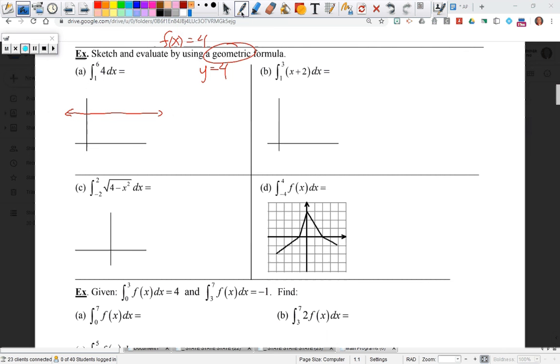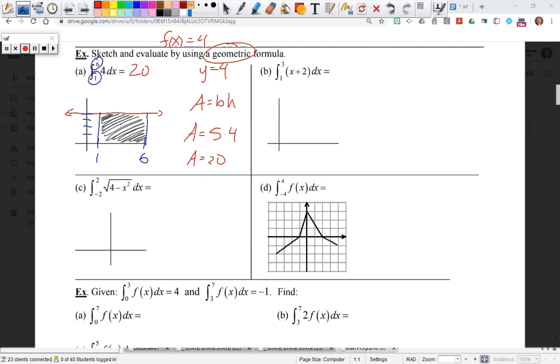So if y is equal to 1, 2, 3, 4, but I'm looking between 1 and 6, left to right, I'm looking to find this area right here. What's the shape? Rectangle. What's the area? Base times height. What's the base? 5. What's the height? 4. What's the area? 20. So it's 20.